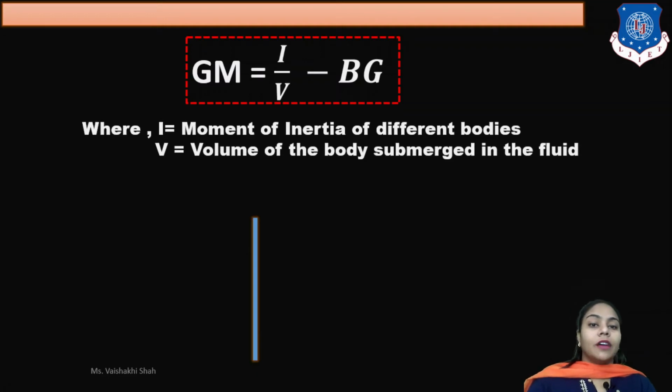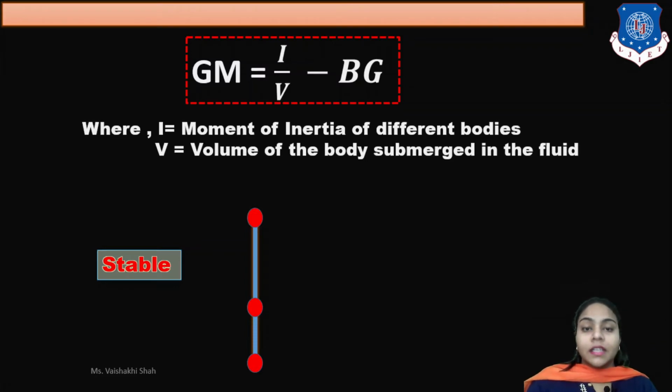Now for any example you also have to remember these conditions. Imagine there are 3 points here. If any body is in a stable condition, what is the location of G, B and M?